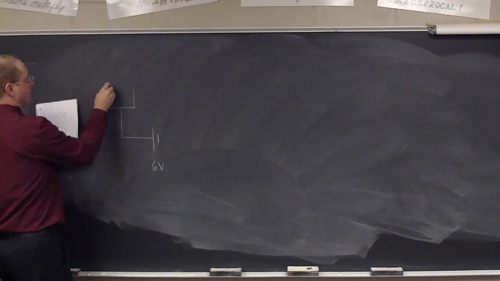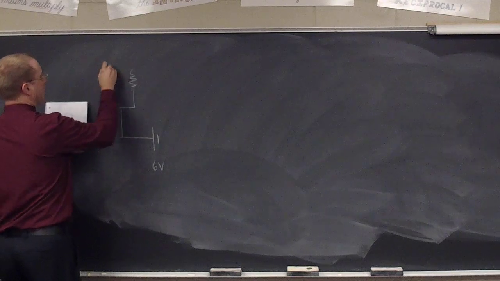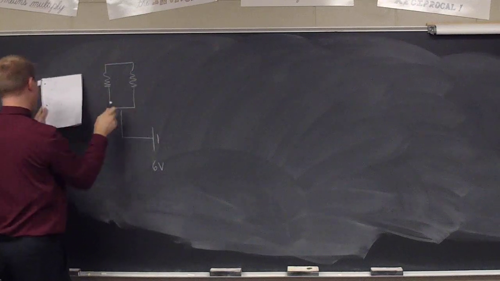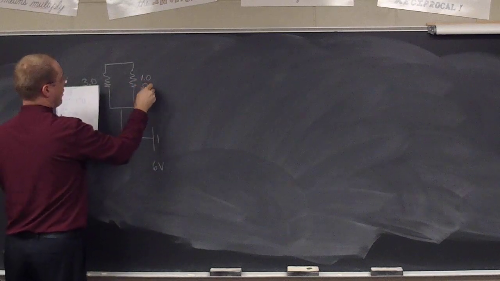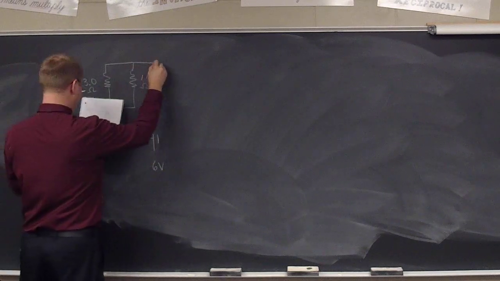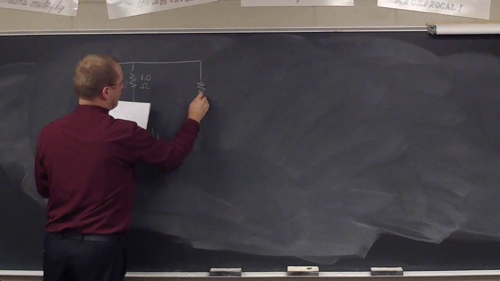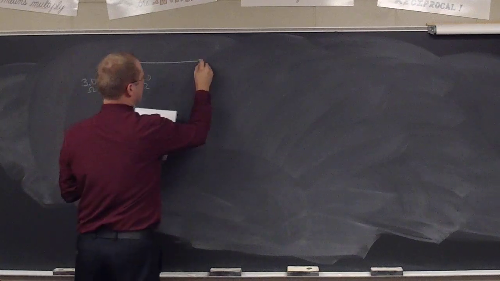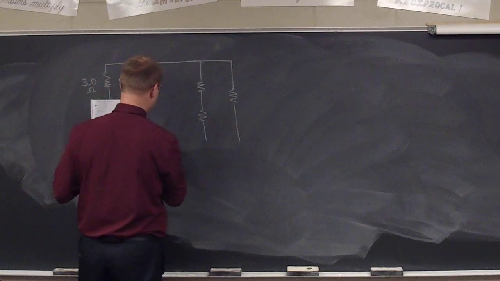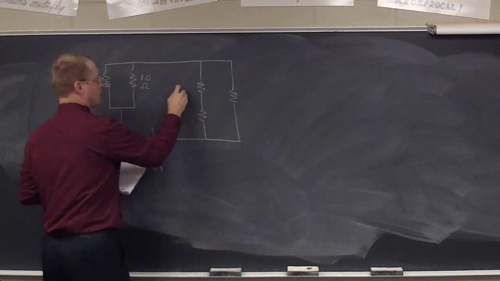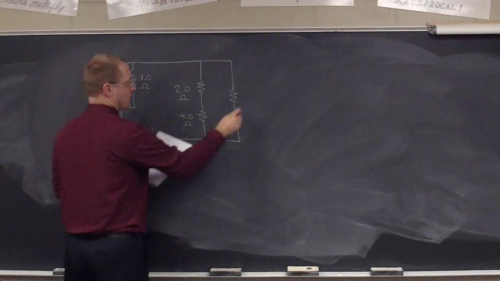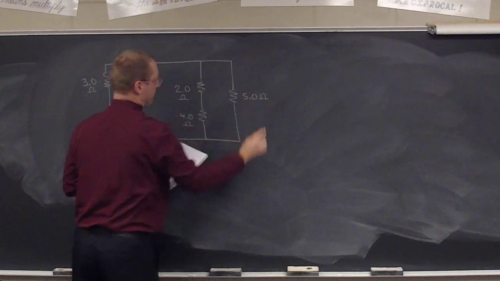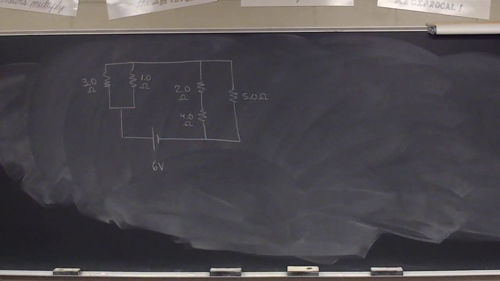Right away, the current is going to split and go in through a 3.0 ohm resistor and a 1.0 ohm resistor. The current will then head down a split that features a 2.0 ohm resistance, a 4.0 ohm resistance, and a separate path with a 5.0 ohm resistance.